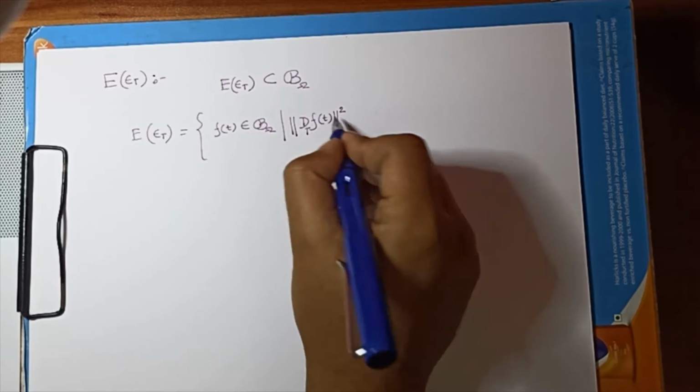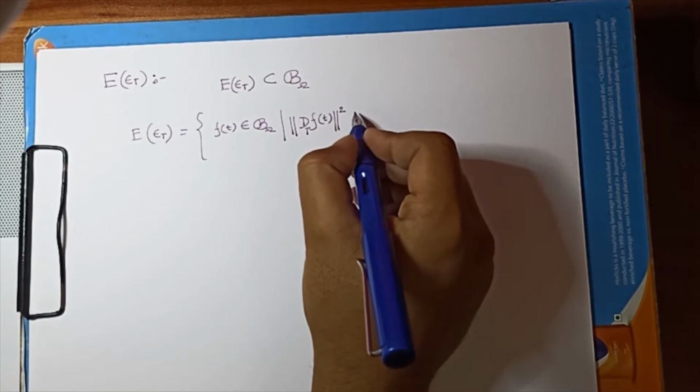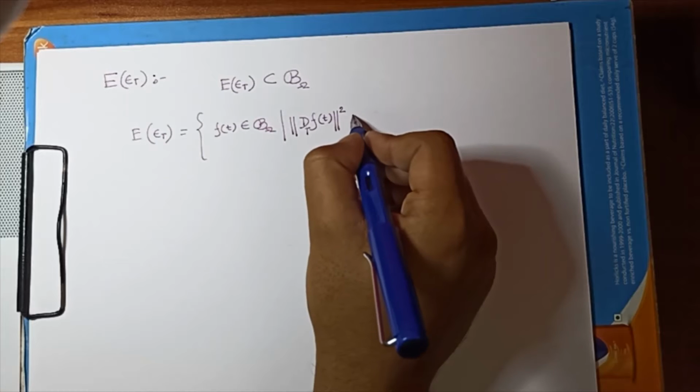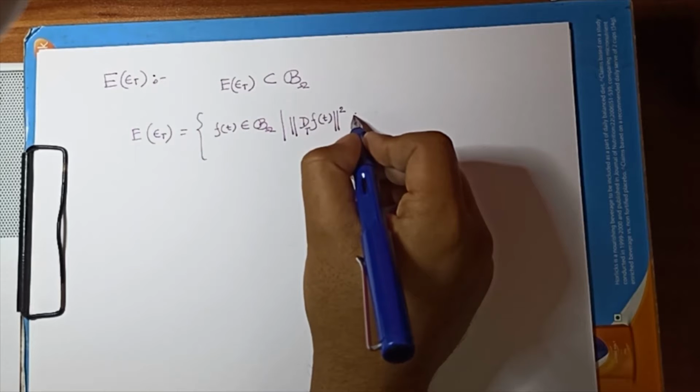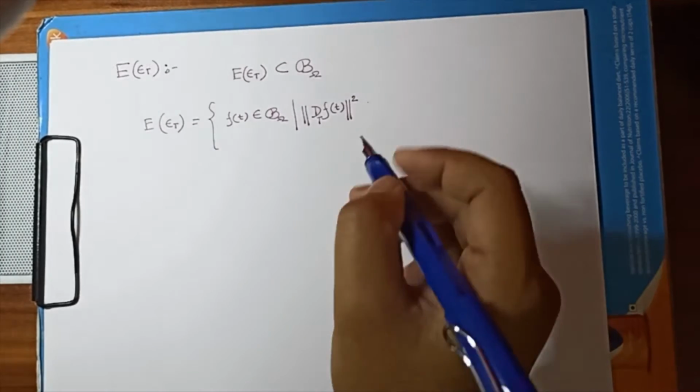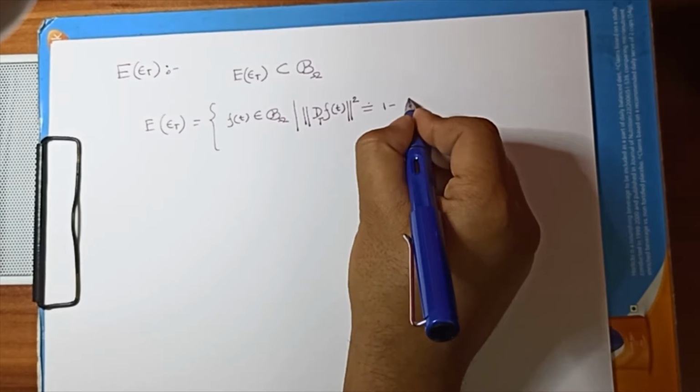So if I take the energy, that energy will be 1 minus epsilon T squared.